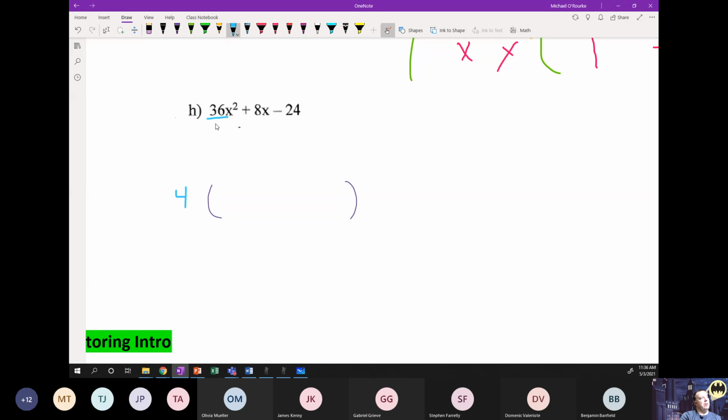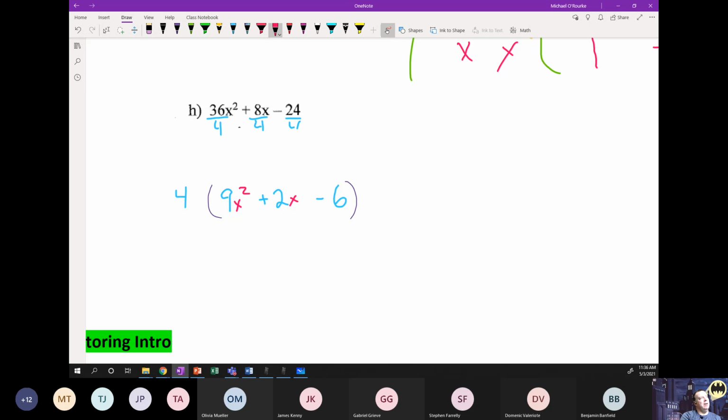So I take my 4 out, divide everything by 4. So that's 9. This is a +2. This is a -6. Do I have a variable that's common between all those three? No. So I don't touch the variables at all. And that's my answer.